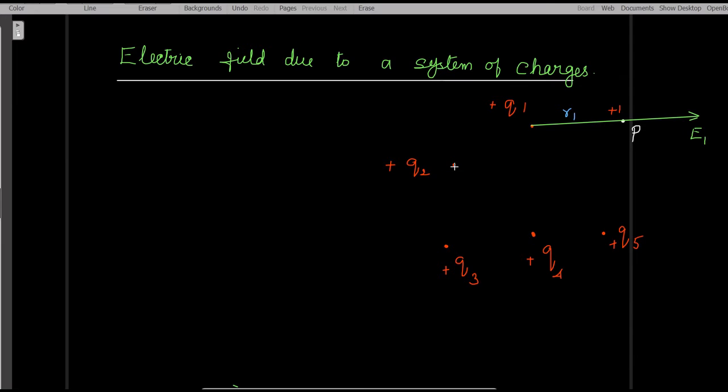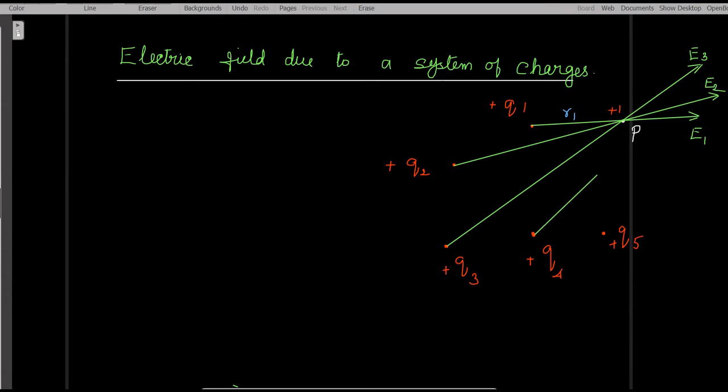Similarly, due to Q2 charge, the unit positive charge is repelled, and this is represented as E2. Due to Q3, the unit positive charge is repelled in this direction, and the force is represented as E3.